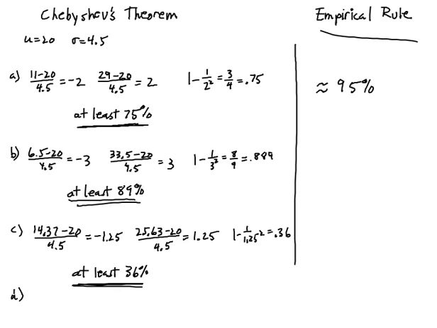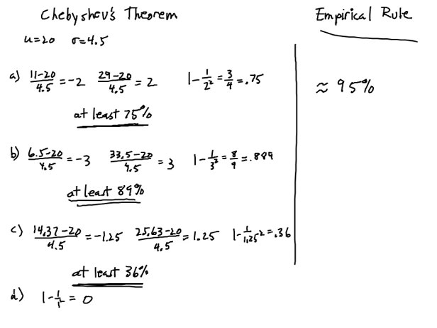So what does Chebyshev say within 1 standard deviation? Well, that would be 0. So at least 0% of the mini compact cars would get somewhere between 15.5 and 24.5 miles per gallon, or within 1 standard deviation of the mean. Chebyshev's would say at least 0%.